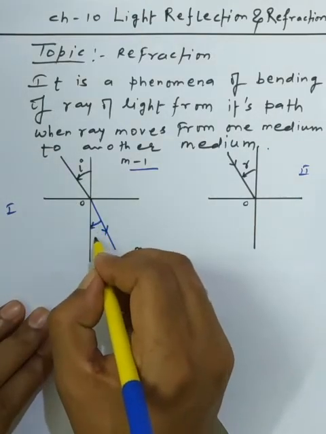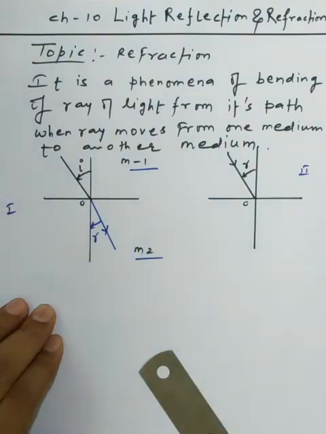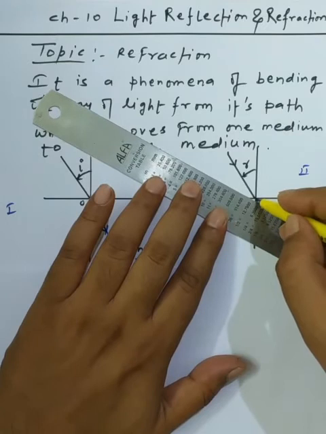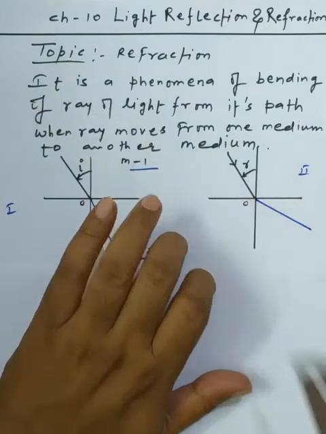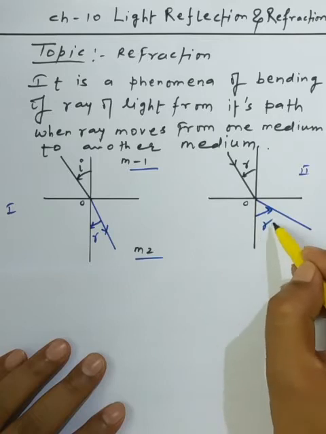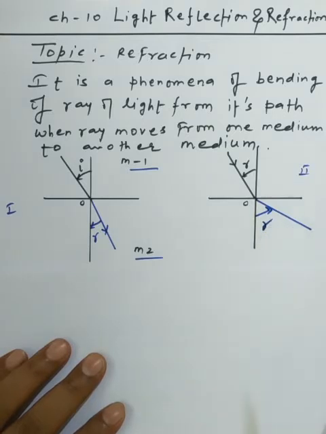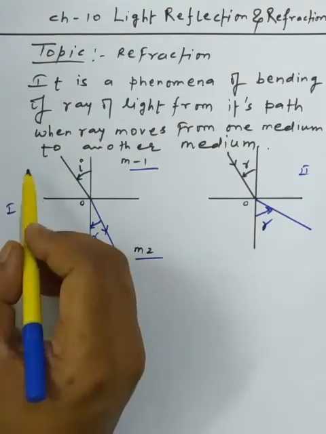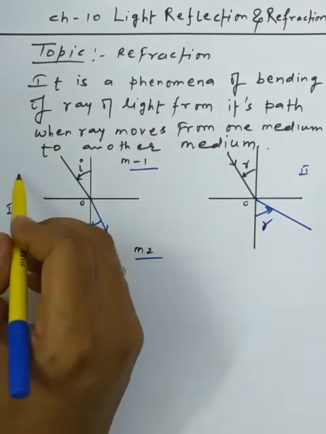For simplicity, we put the arrow towards the normal, and it can also move away from the normal. So I am putting the ray a little bit deviated from the normal. These phenomena take place whenever we take a ray of light from one medium to another. Now, what are the simple notations we have?